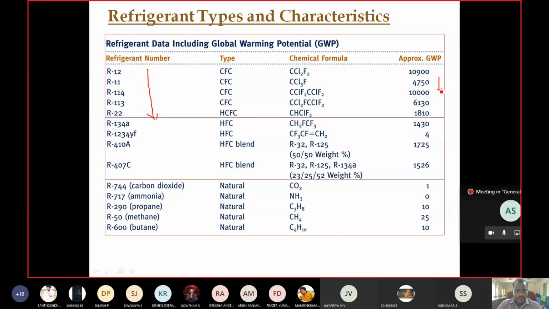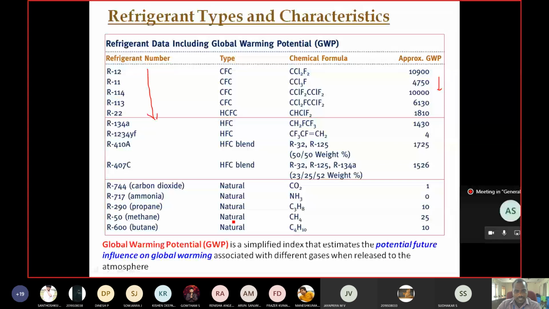So we have CFCs, HFCs, then natural. We can look at what CFCs, HFCs, and natural refrigerants are in the next slides. Before that, we need to know what GWP is. GWP stands for global warming potential.